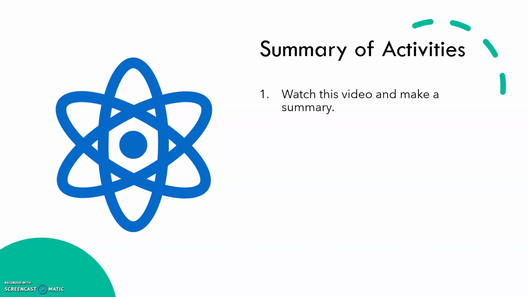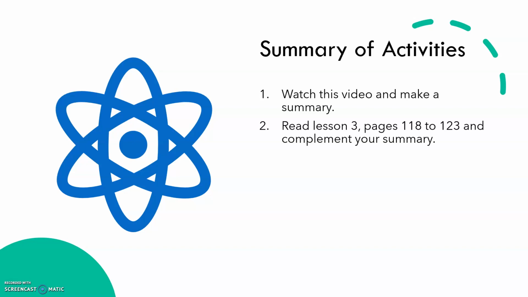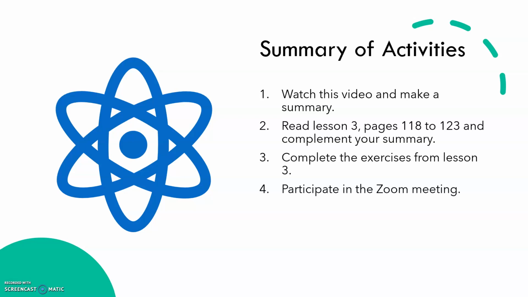Okay. And let me give you a summary of the activities that you need to complete. Number 1, watch this video and make a summary, of course. Number 2, read lesson number 3, pages 118 to 123, and complement your summary, all right? Once you are done with that, complete the exercises from lesson number 3. Then number 4, participate in the Zoom session.